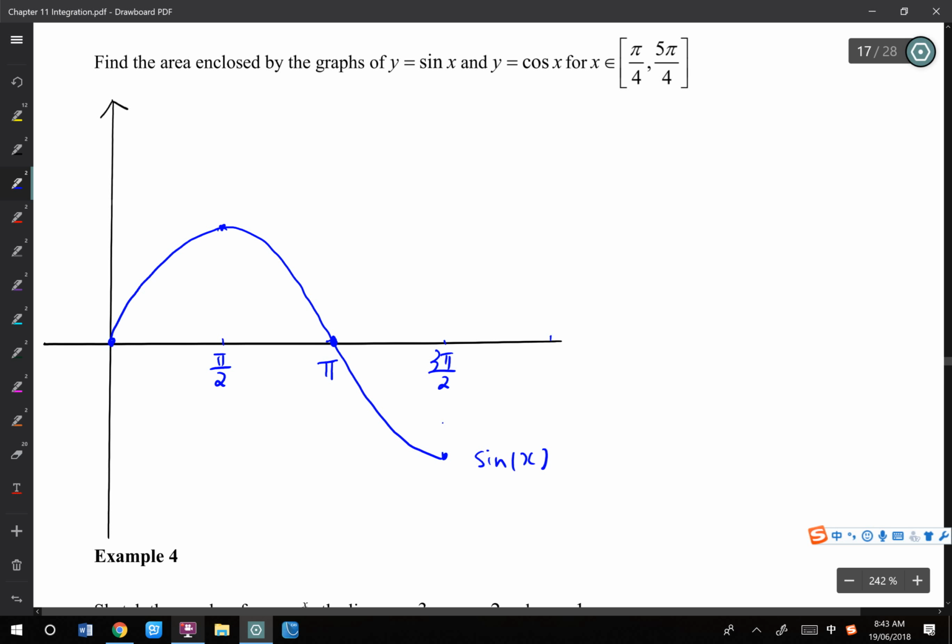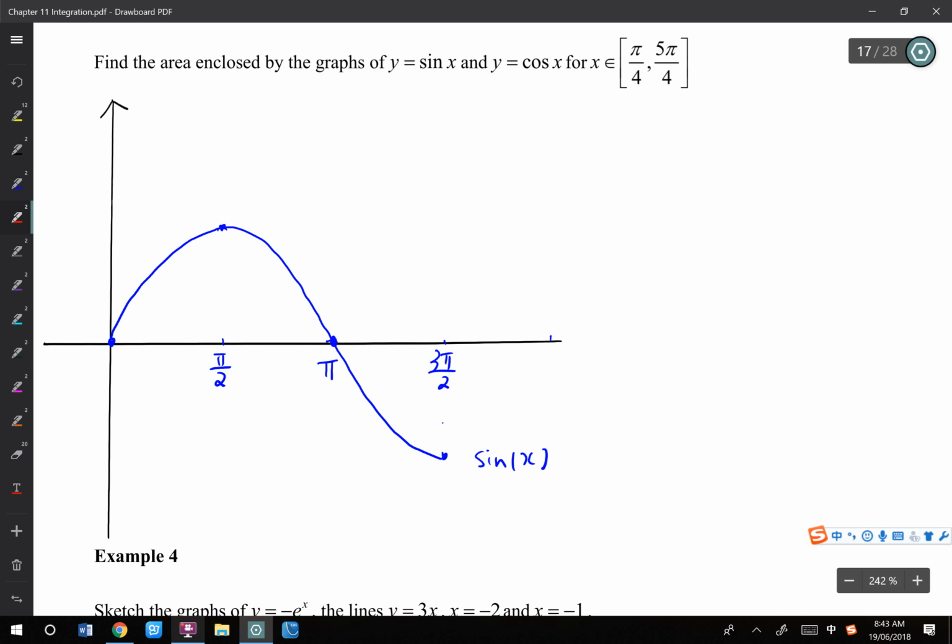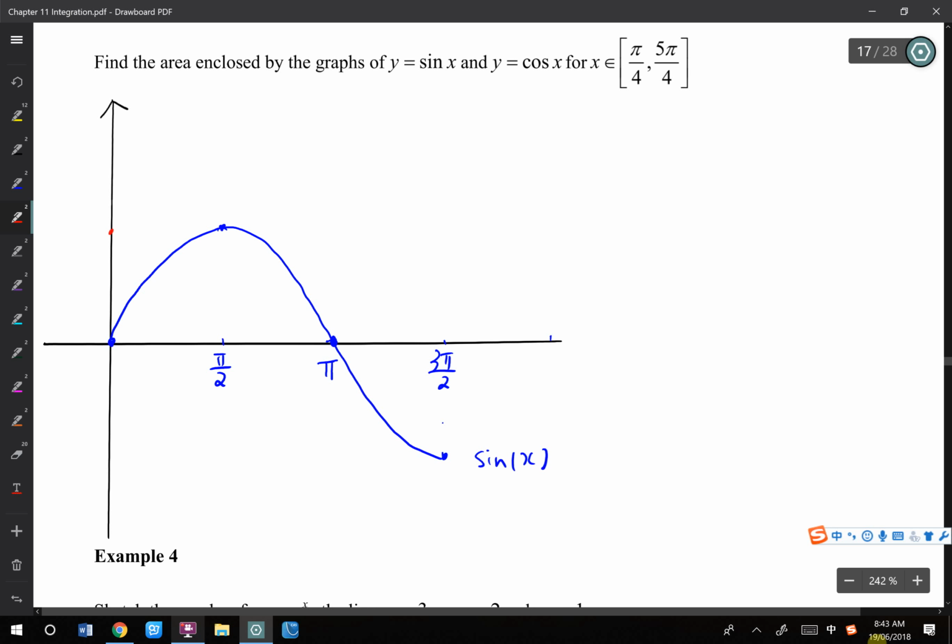And my cosine x is, go top, mean, bottom, mean here. Okay, the red one is my cosine x graph.